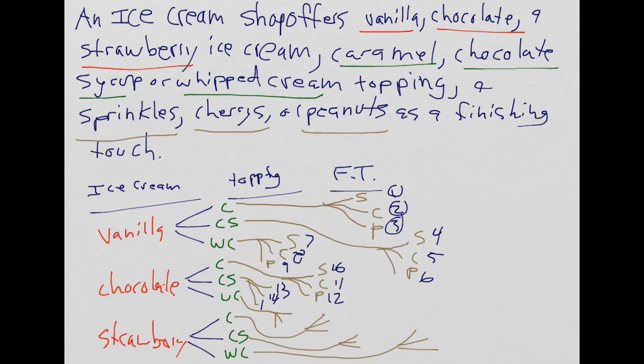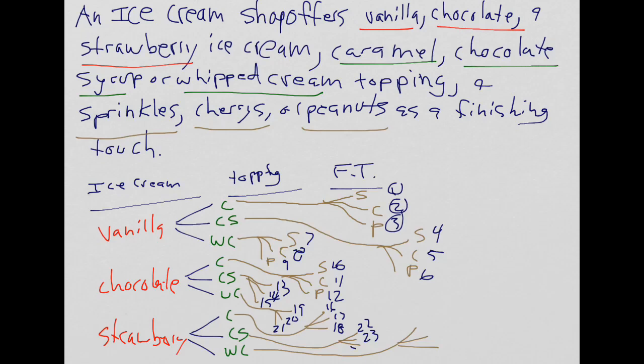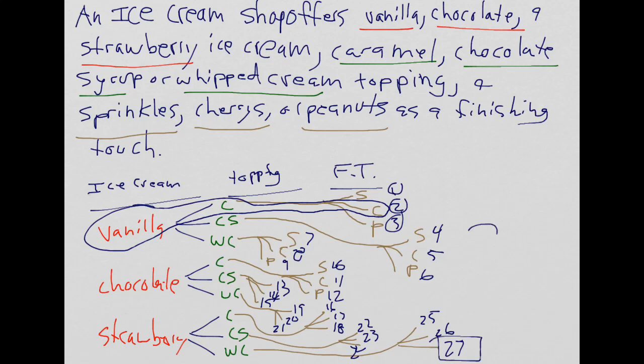Holy moly, 13, 14, 15, 16, 17, 18, 19, 20, 21, 22, 23, 24, 25, 26, and 27 total options, because you can follow one of those paths all the way down, and that would give you 1 option. There are 27 total combinations of ice cream sundaes you can make given these limited options.